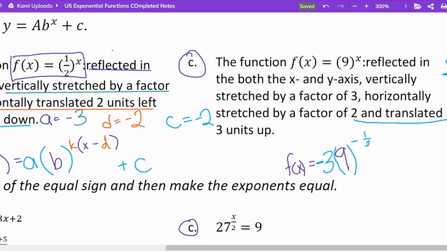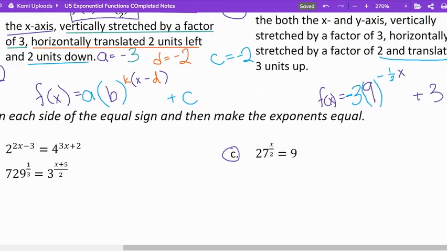It's translated 3 up. So there's no horizontal translation. Watch this. If there was a horizontal translation, you must use brackets. Let's say it moved 1 to the left. You have to use brackets, because the k has to be factored out. But in this case, we don't have a horizontal translation, so we just leave the x, and then we go 3 up.